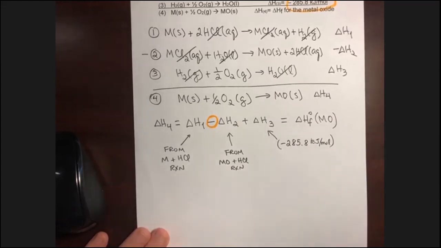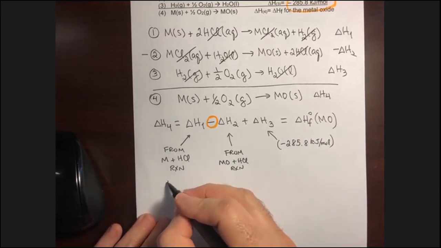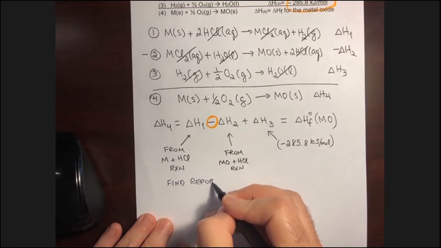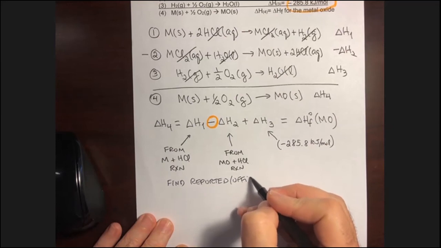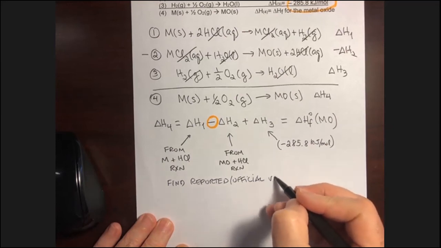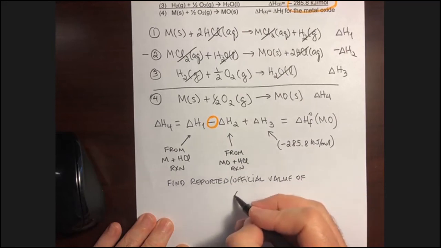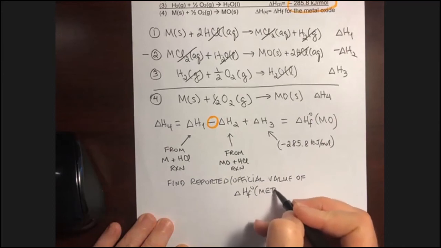Well, you have one more task to do, all right? And that is you have to find what is the reported, official value of this delta H of formation of your particular metal oxide.